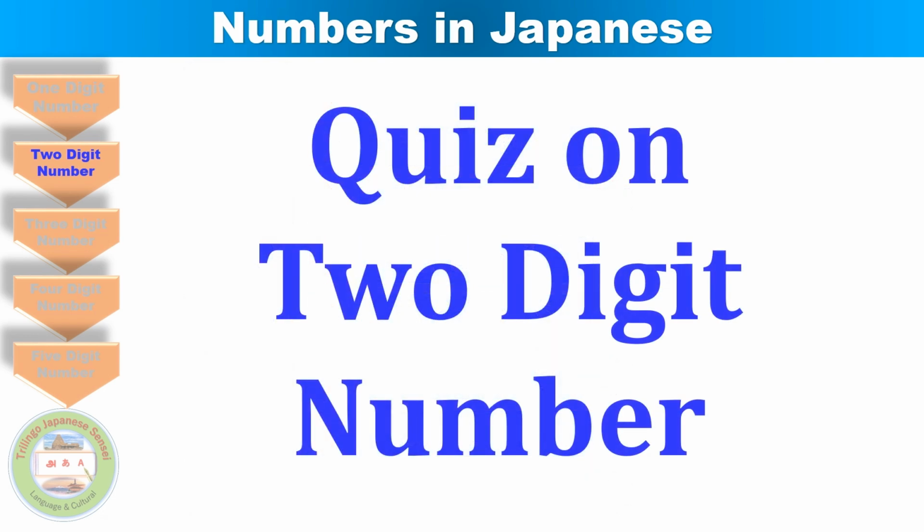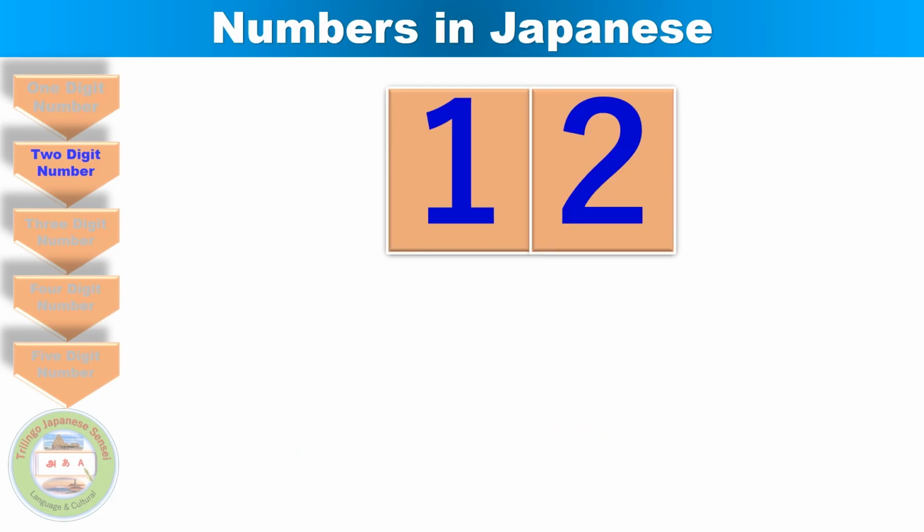So far we have come across 2 digit and single digit number systems in Japanese. Let us test how we have understood the different patterns using a small quiz. Here there is a number, 12. In Japanese, 12 is represented as 1 tens, 2 ones, which means ju and ni.